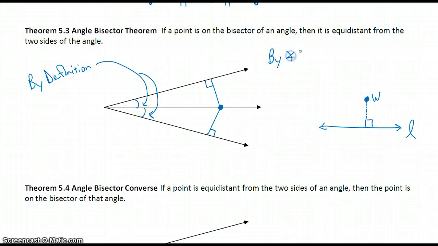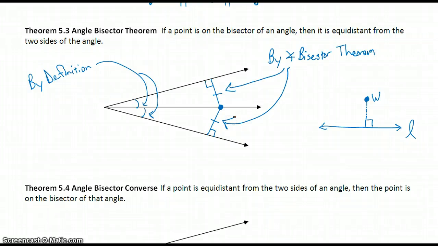So by the angle bisector theorem, this distance is going to be the same as this distance. The angle bisector theorem says any point on the bisector of an angle.